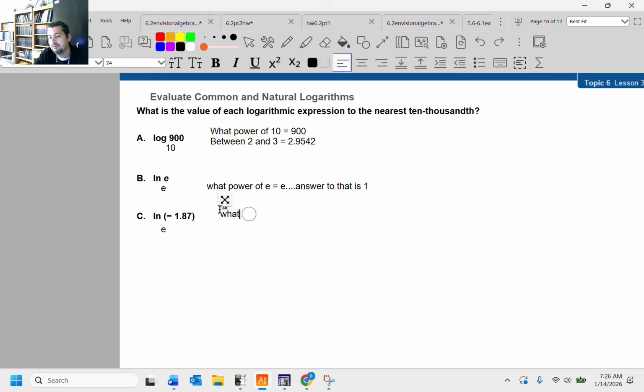The natural log of negative 1.87. So what power of e is equal to negative 1.87? What this is asking you is if an exponent can make a number negative. Can you think of an exponent that makes a number negative?